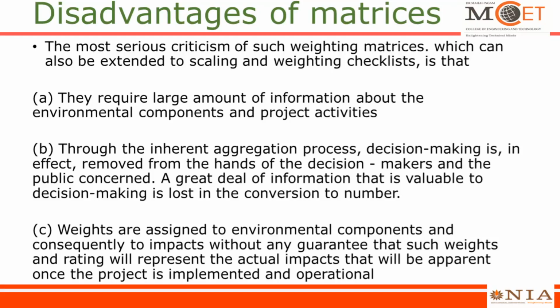Weights are assigned to environmental components and consequently to impacts without any guarantee that such weights and ratings will represent the actual impacts that will be apparent once the project is implemented and operational.